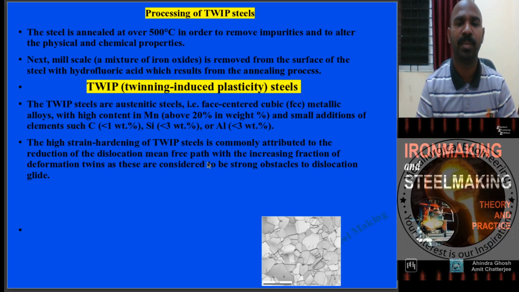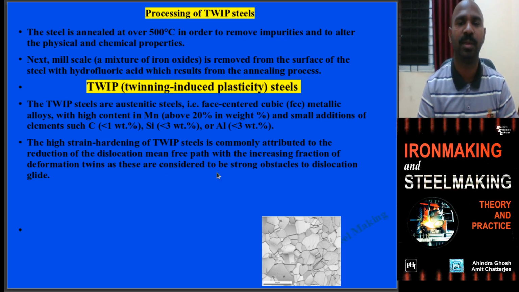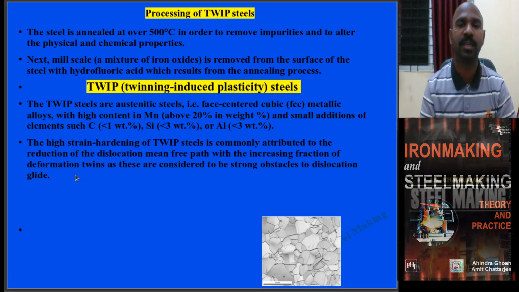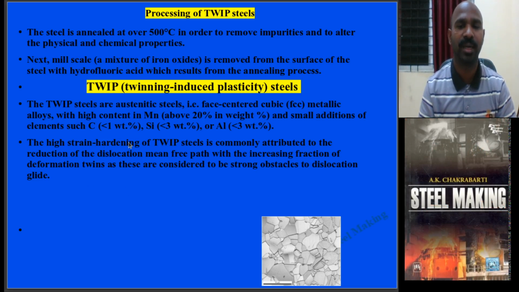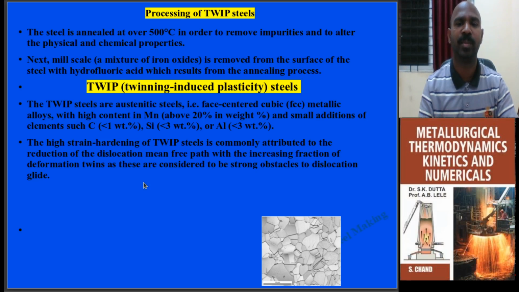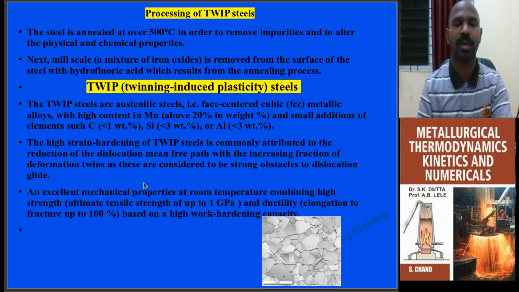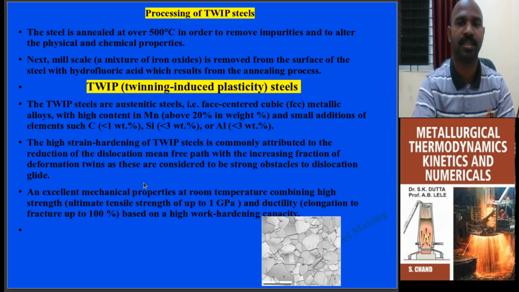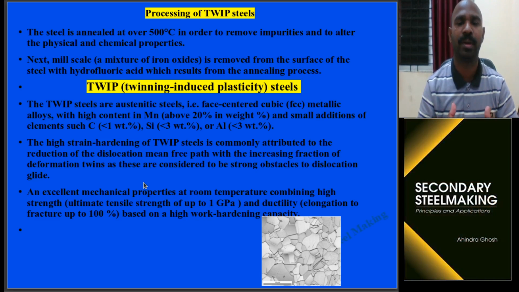The twins are strong obstacles for the dislocation glide, so that it has a high strain hardening coefficient. When you see this stress and strain diagram in the next slide, you will realize that particular point, and it has excellent mechanical properties with respect to the ultimate tensile strength and ductility.